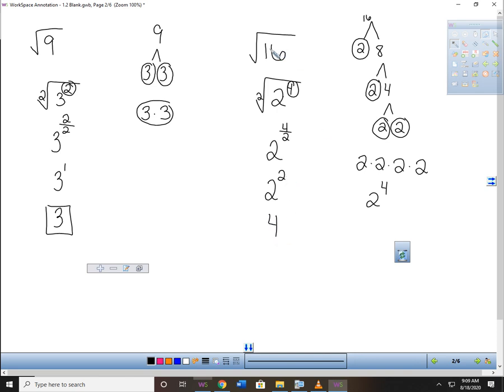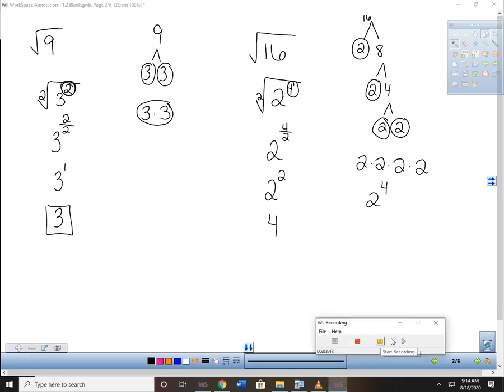What number times itself makes 16? 4. So the factor trees come in really handy when you maybe don't know what the number is. We can take that and apply it to cube roots as well.